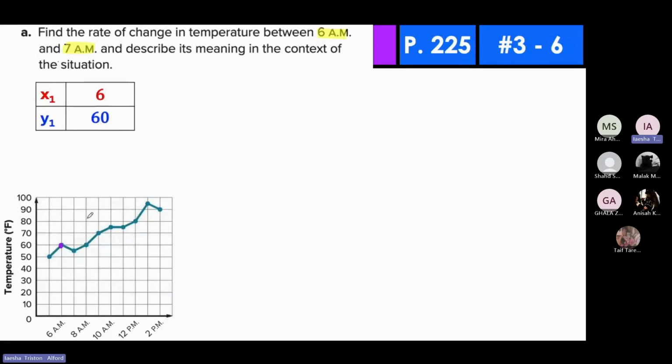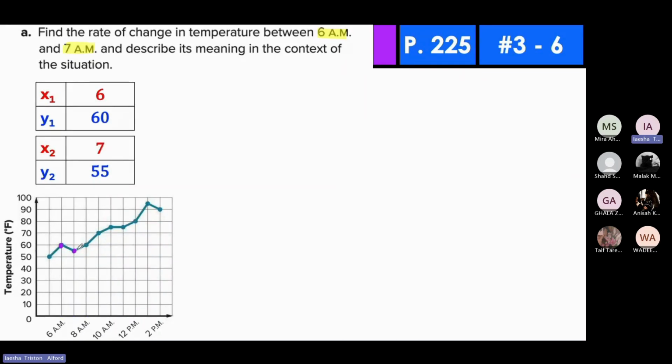The next time they want is from 7 a.m. So this is 6 a.m., this is 8 a.m., so this number should be 7 a.m. You go up to here, the x is going to be 7 and the y is going to be 55. So if you go over, it's between 50 and 60, so most likely 55.